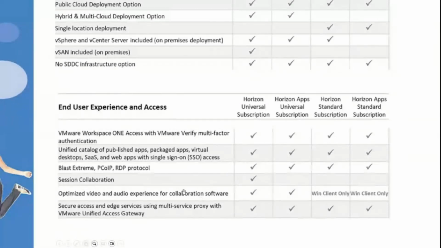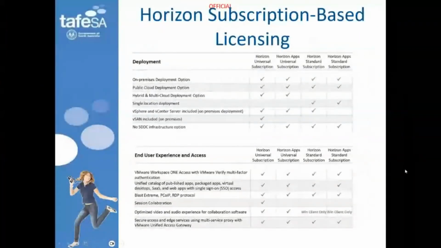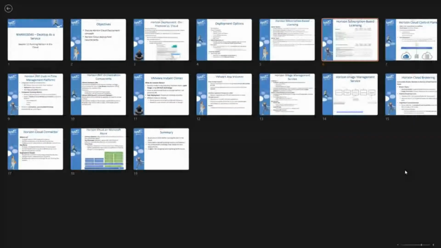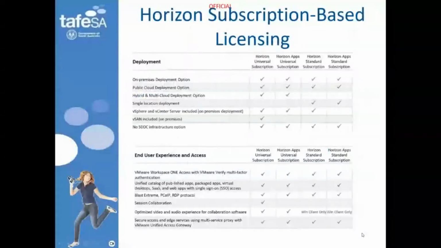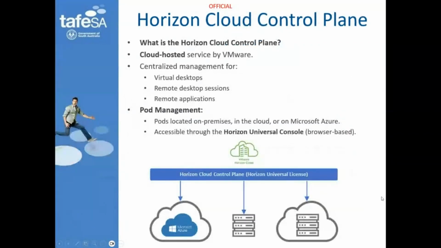Obviously you need all of those, but you can have a look at this in detail if you need to, because there's no point me talking about each one in detail. Like I said, we're here to learn generally about the licensing. That's one of the things you need to discuss with your management, and in fact with the sales rep from the company, to see what's best for you.